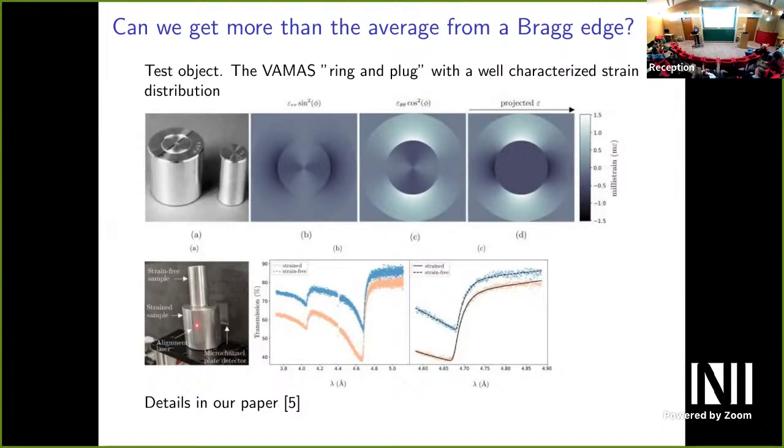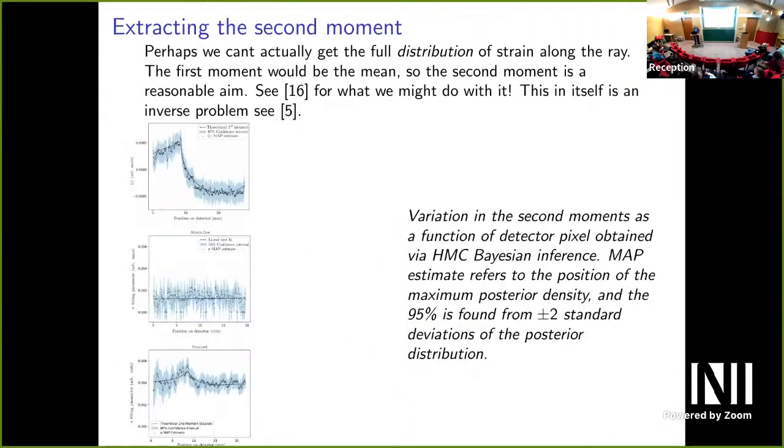And we know the strain; it's very well characterized, and we also had an unstrained sample. Chip in if I get anything wrong, if you remember, it's 2 years ago. So we did the unstrained one and the strained one, and we see a difference. But the real question is, can we get the second moment? Because we can definitely get the first moment.